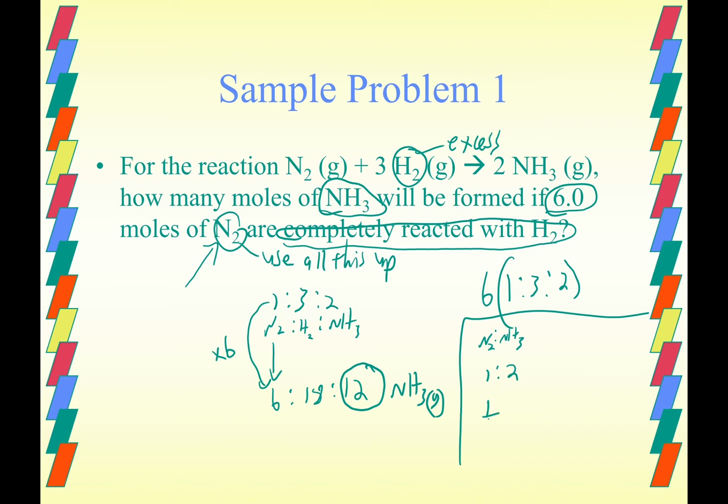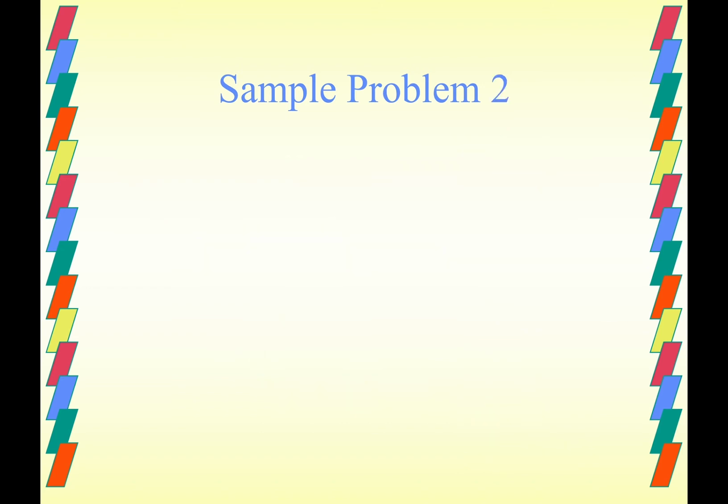If we set this up as 1 to 2, this being our N2 and this being our ammonia, and we changed the N2 to 6, how much ammonia would we have? We could then cross multiply and X would come out to be 12 moles. So we can use ratios to determine what our new number of moles might be.